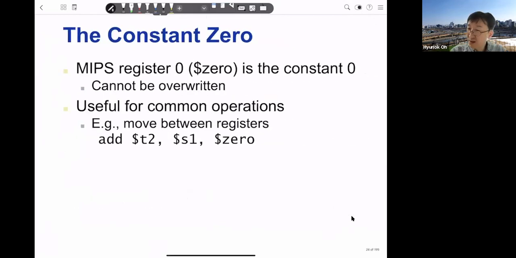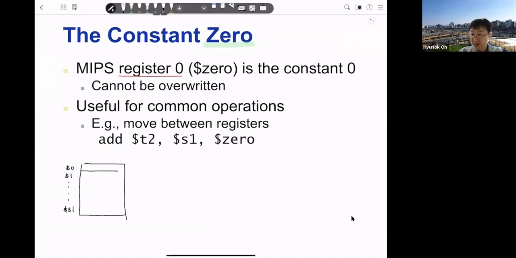Okay, so constant 0. The 0 value is used very frequently. So MIPS dedicates register 0 to the 0 value. We already mentioned that there are 32 registers, right? Register 0, register 1, up to register 31. Among these 32 registers, the first register is dedicated to the 0 value.